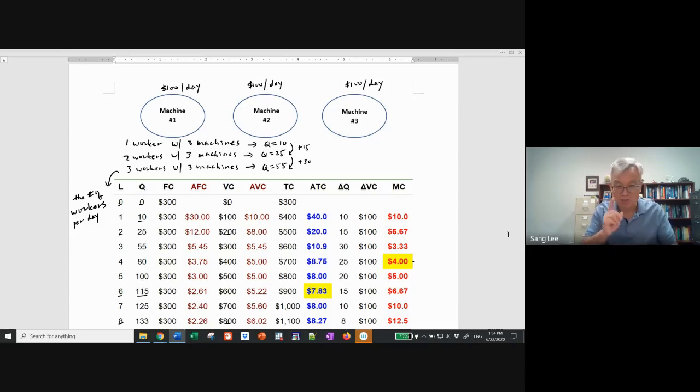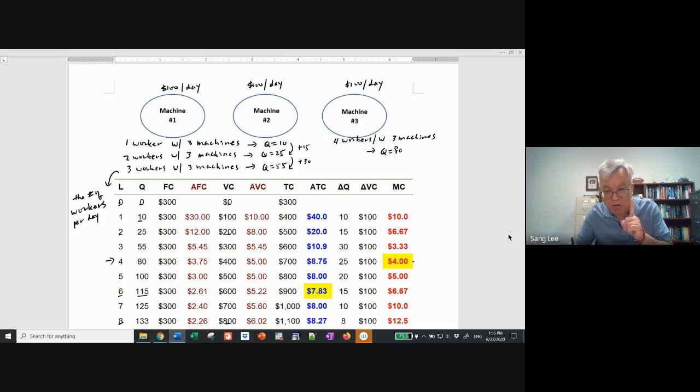Okay, now one more. You still need to produce more output, so you added the number 4 worker. So now with 4 workers with the 3 machines, what happens? The total output is now 80.